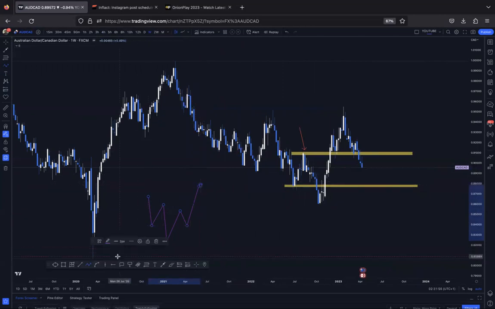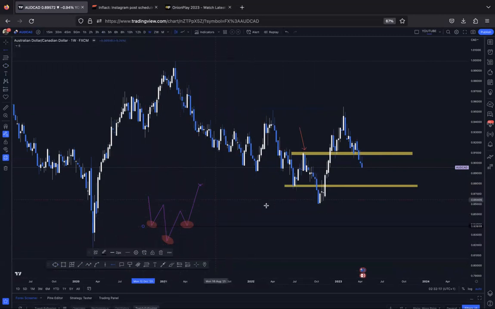So you have your first head. This is an inverse head and shoulders pattern, so we've turned it. You have your shoulder, your head, and another shoulder. So mostly you have it level like this.